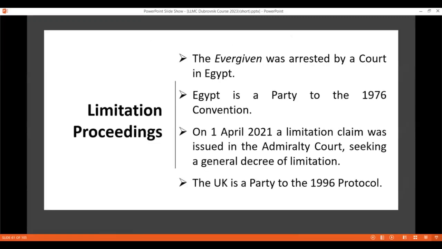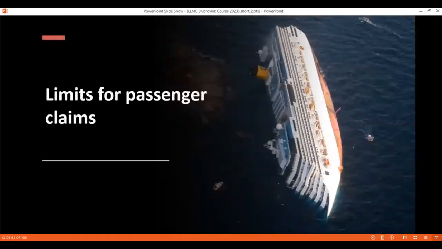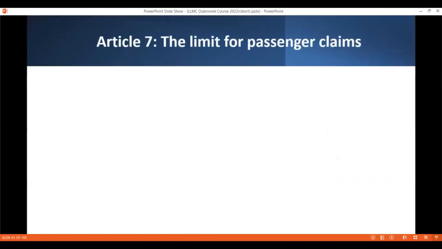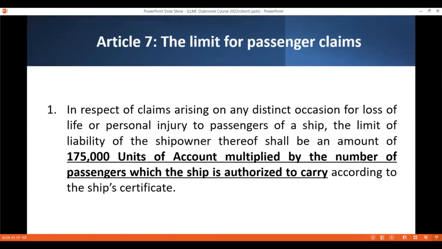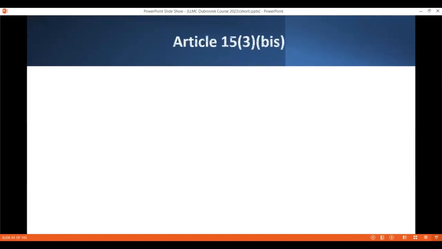This we spoke already. Limits of liability for passenger claims, just briefly, because they will be discussed. The 1996 protocol puts that it's not based on tonnage anymore. It's based on the carrying capacity. And it put it at 175,000 multiplied by the number of passengers the ship is certified to carry.